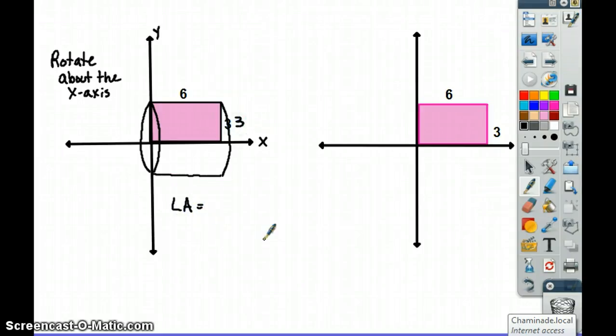Let's put that back there. Lateral area is perimeter times the height, but this is a circle, so we're talking about the circumference when we say the perimeter. The circumference of this circle, that is the base, is going to be 6 pi times the height of the cylinder, gives me 36 pi.